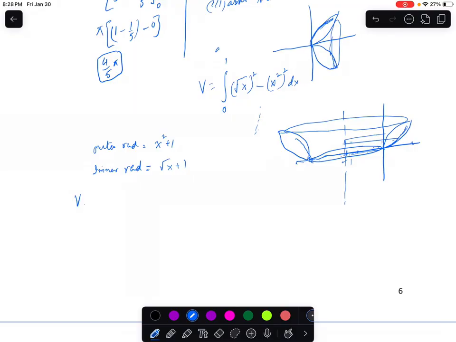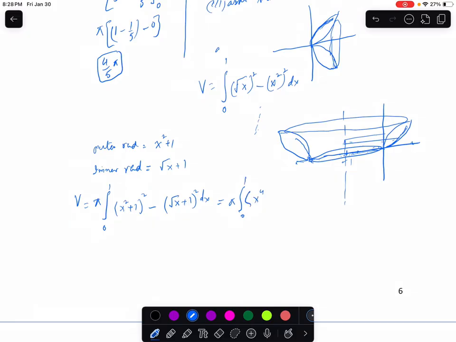So v will be equal to pi integral 0 to 1, x square plus 1 whole square minus square root of x plus 1 whole square dx, which will be equal to pi 0 to 1. So what do we get?